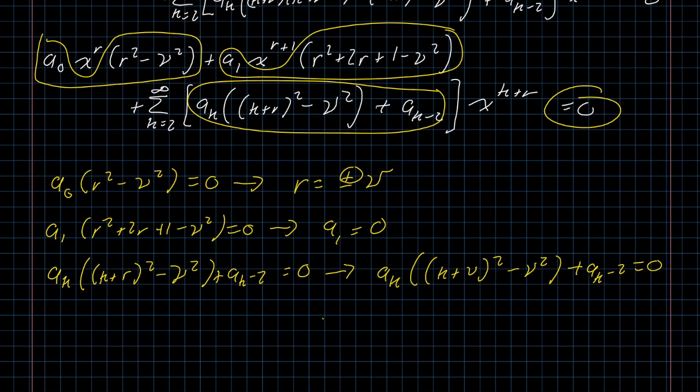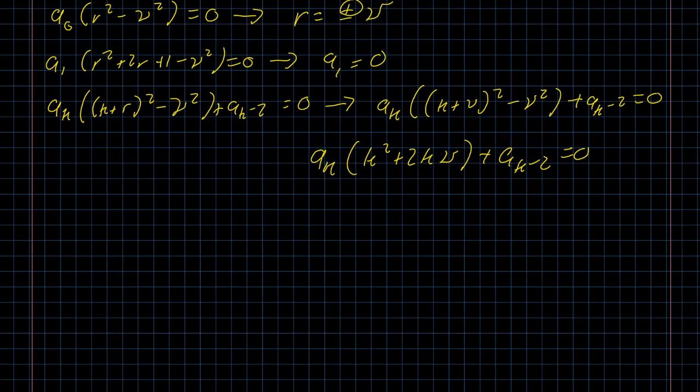So we've got ak times (k squared plus 2k nu) plus a(k minus 2) equals 0, or ak is equal to the negative of a(k minus 2) over k times (k plus 2 nu).